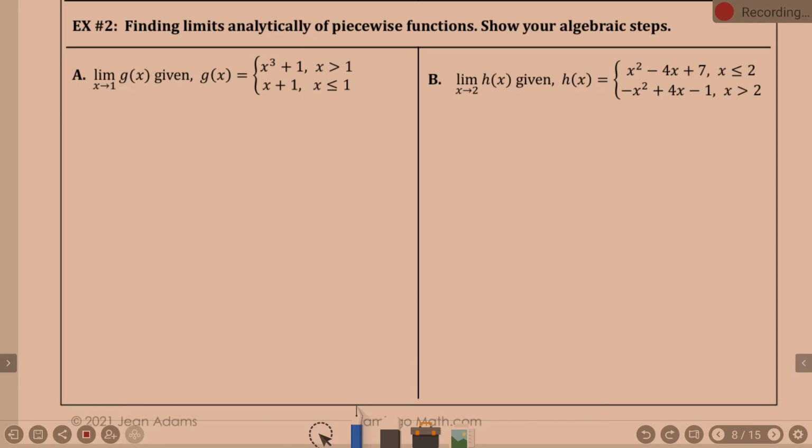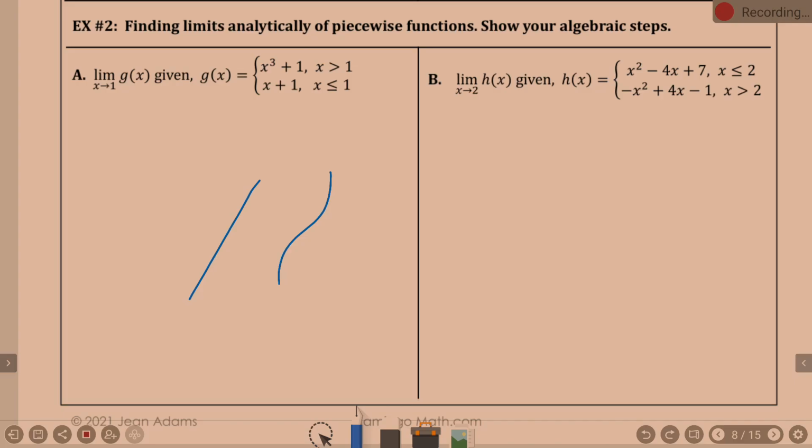So the idea here is, we have to figure out what that limit is. And there's always the whole does it exist thing, okay? Because at 1, it's a piecewise function. I see a line here, and I see a cubic equation. Those could somehow be joined together, right?